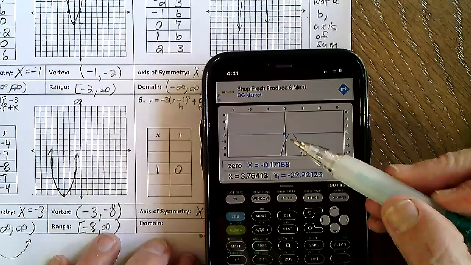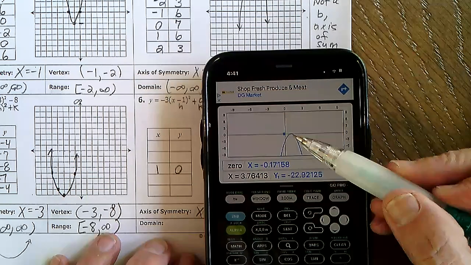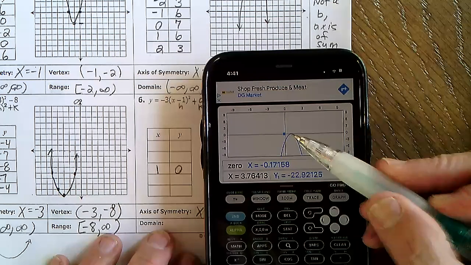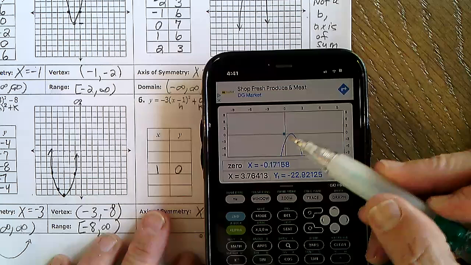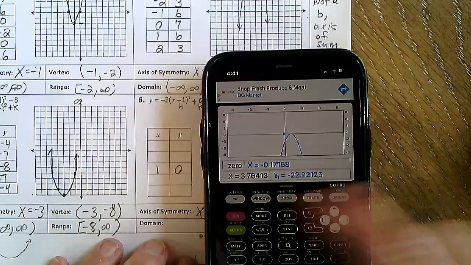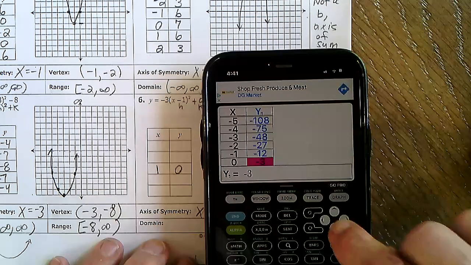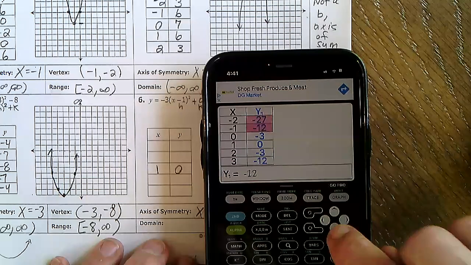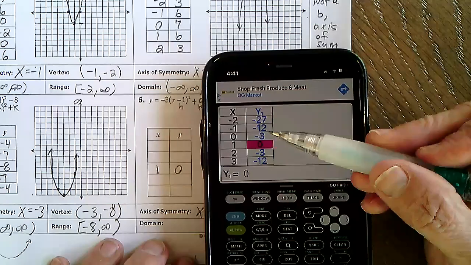And so there is your vertex, which is across 1 and up and down 0. Or go to your table and go to 1, 0, and you can see it's repeating on both sides of that point.